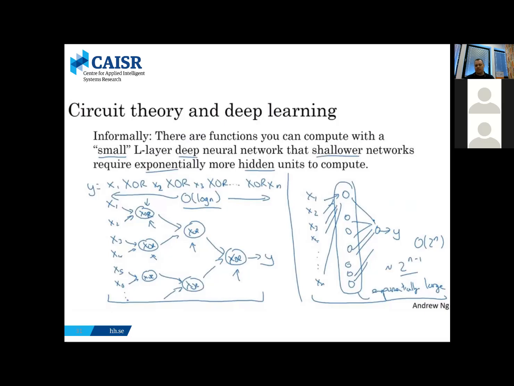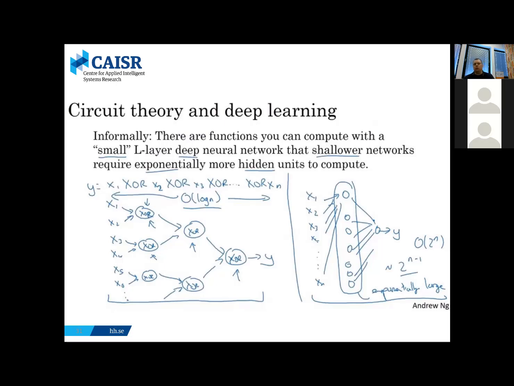So basically you are saving a lot by having this kind of deep neural network structure. The problem here is that the network structure needs to be well adapted to the structure of the function. Here is an example with XOR functions, where you need a particular network structure to learn it efficiently.